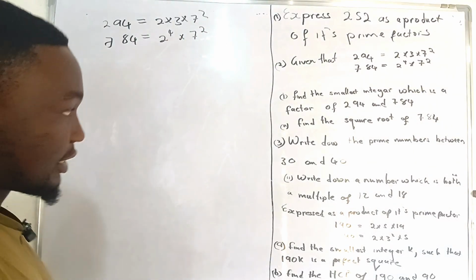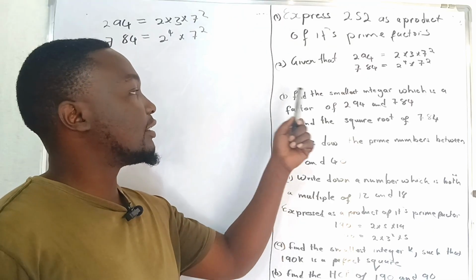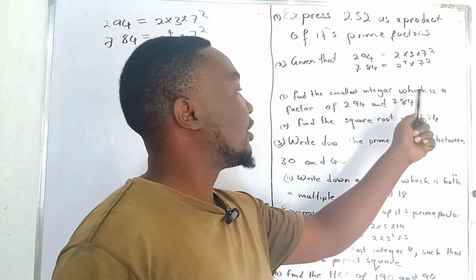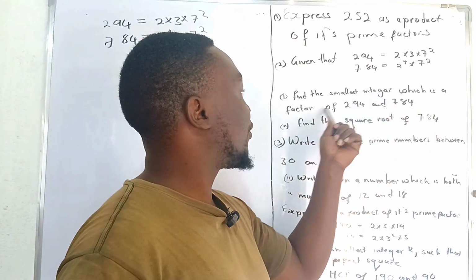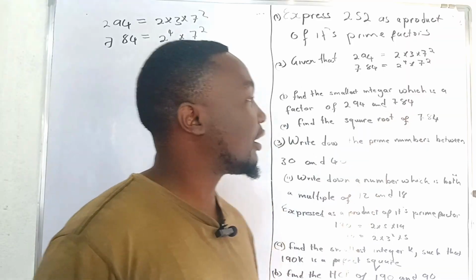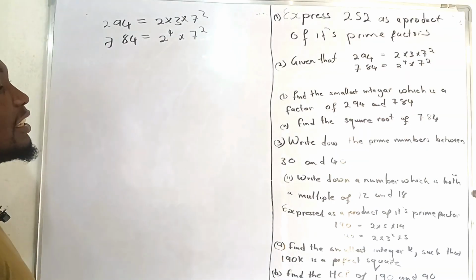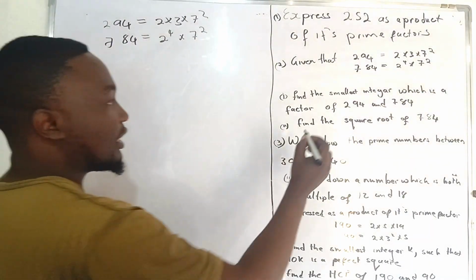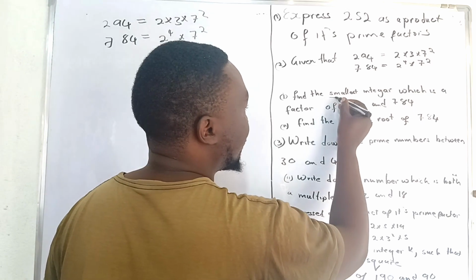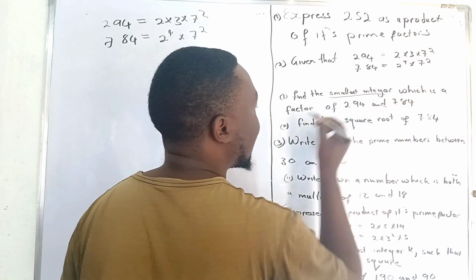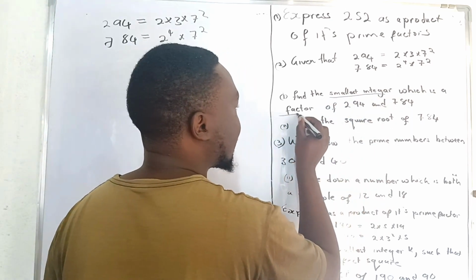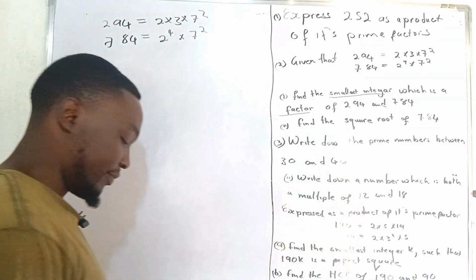You're asked to find the smallest integer which is a factor of this one and this one. This is the key point: smallest integer which is a factor of the two numbers.